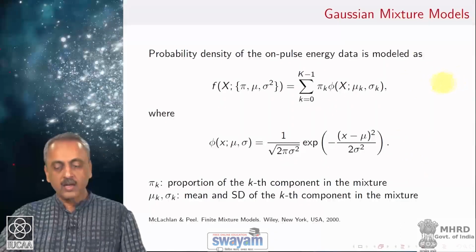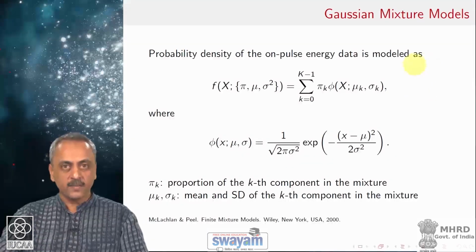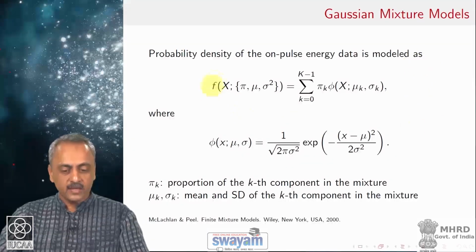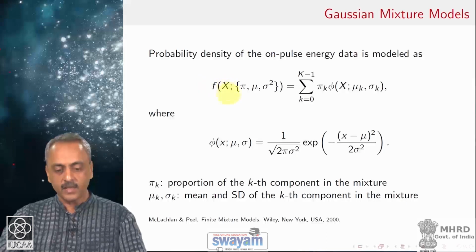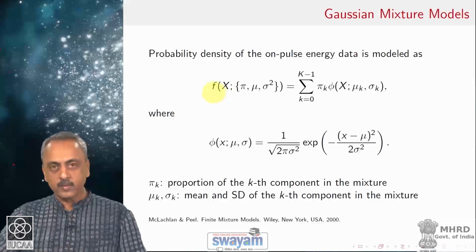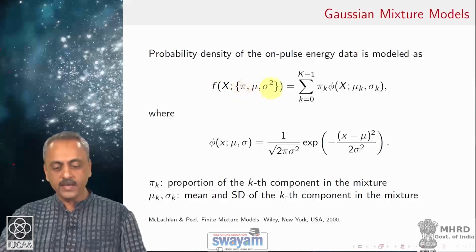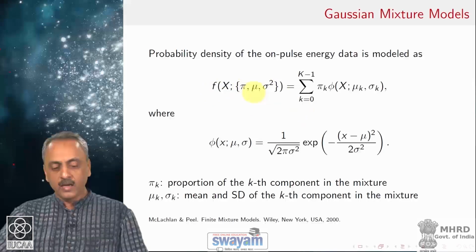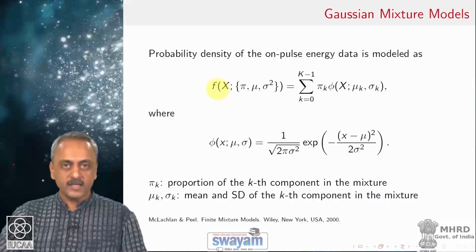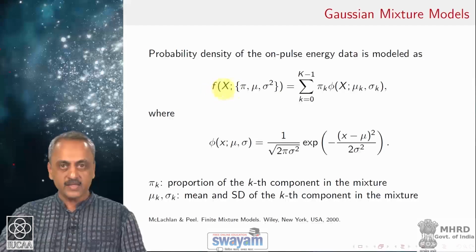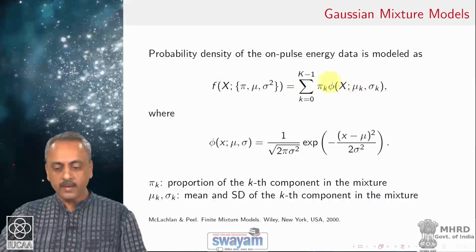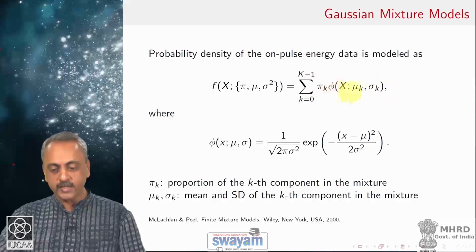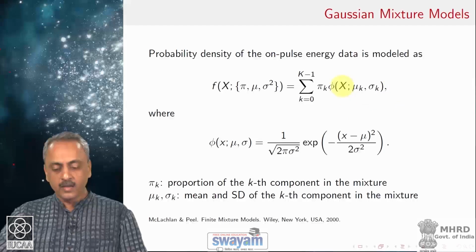Okay, Gaussian mixture models are models in which the probability density function for the data, x represents the data variables, f represents the probability density function, and these are the parameters of the distribution. The probability density function underlying the data x is considered to be a mixture of individual Gaussian densities.